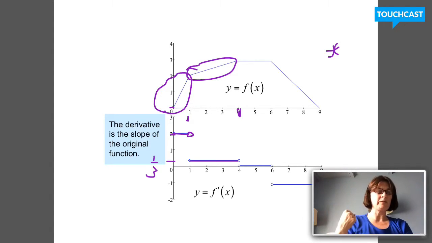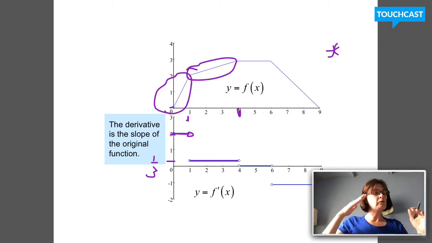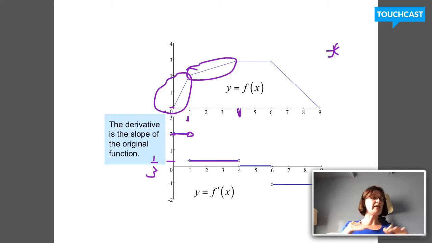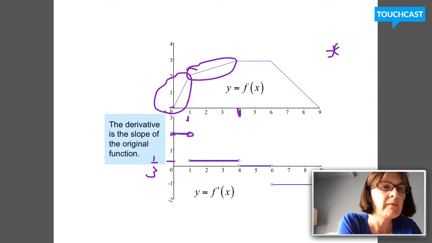I can't pick the limit from the left, I can't pick the limit from the right, because how could I decide which one to choose? So just notice that at these points where the slope from the left and the slope from the right are not equal to each other, I won't be able to color in a point on my derivative.